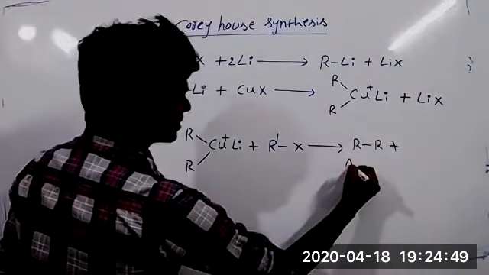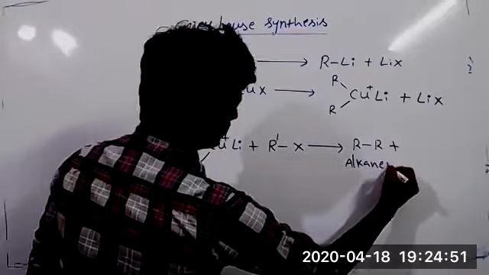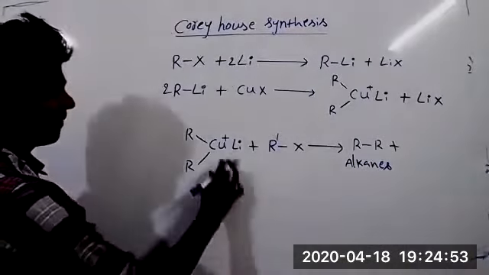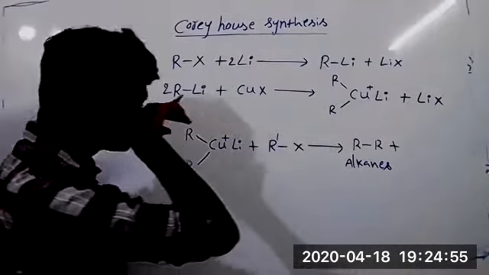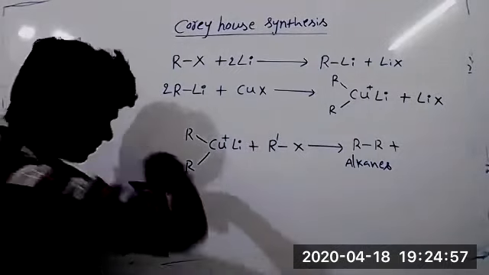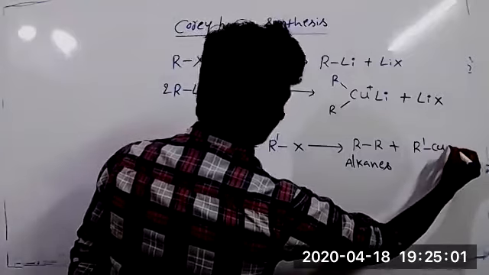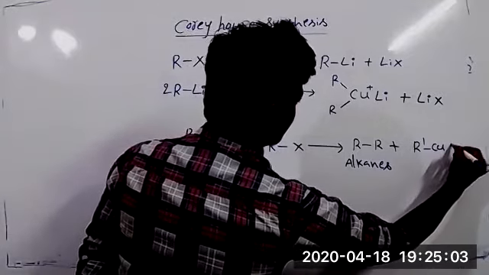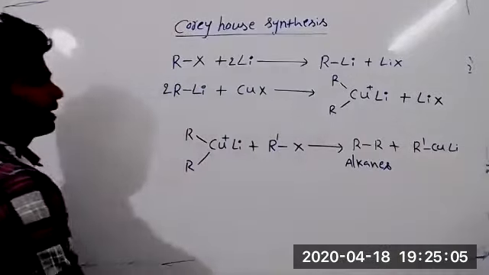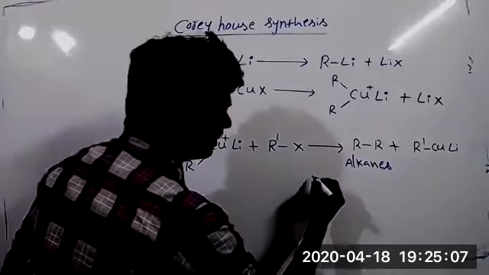It gives an alkane. The product is an alkane, and this is the byproduct, LiX. This reaction is also called the Gilman reaction.